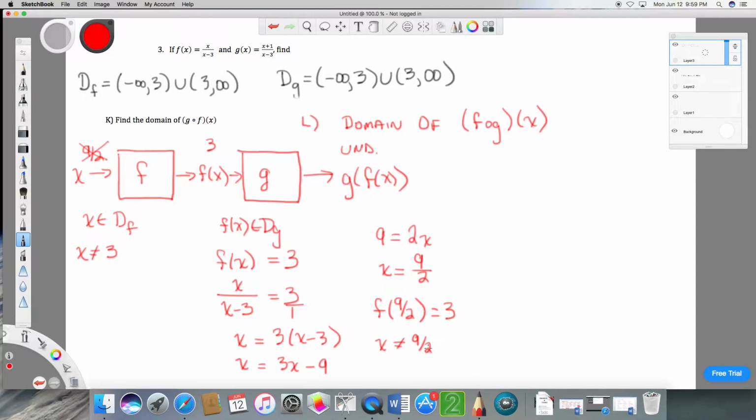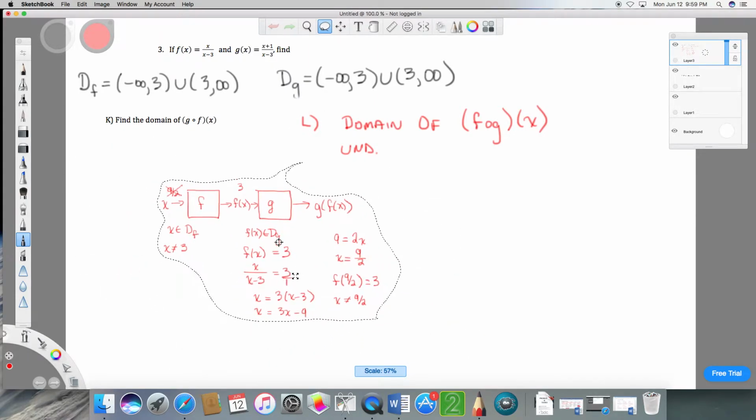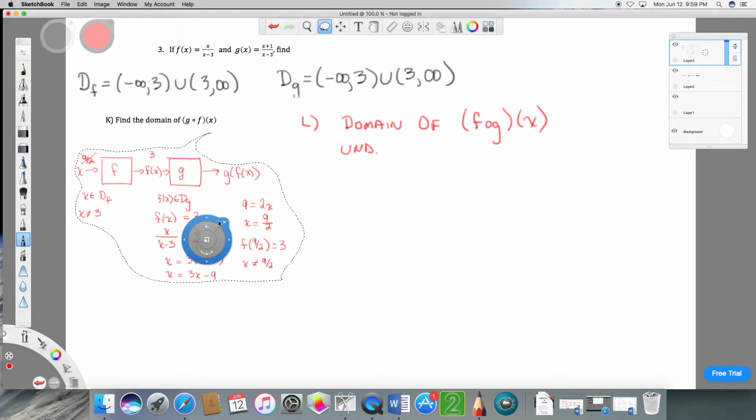So what do we have? Well, for the domain of this composition, let's shrink this up so we can write it. I don't need to shrink up that part L. So the domain of this function composition, f composed with g, is the set of all real numbers.